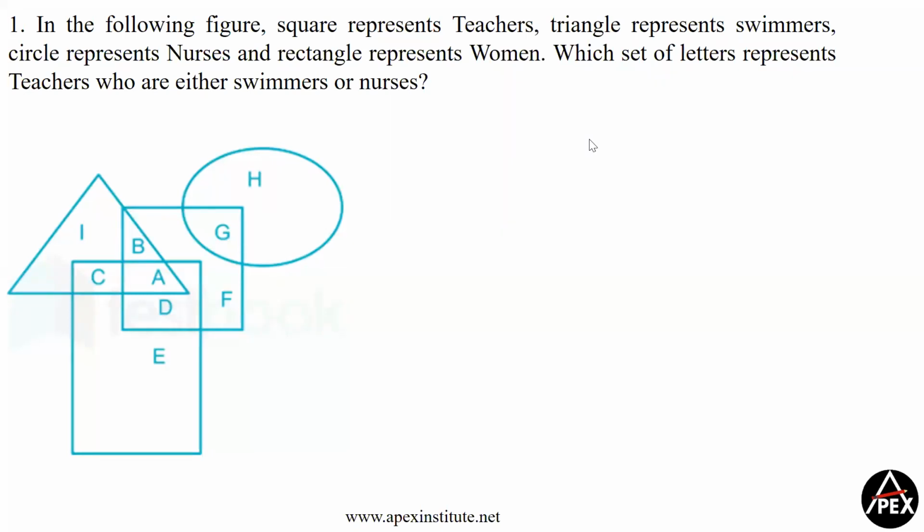Okay. So what was given to us? In the following figure, square represents teachers. Triangle represents swimmers.